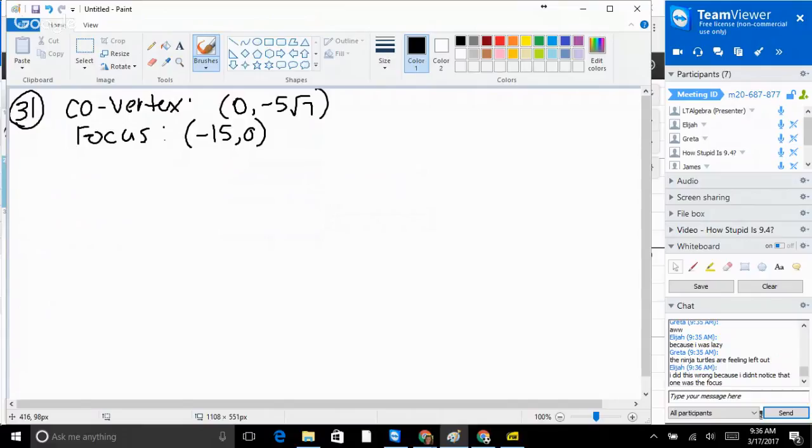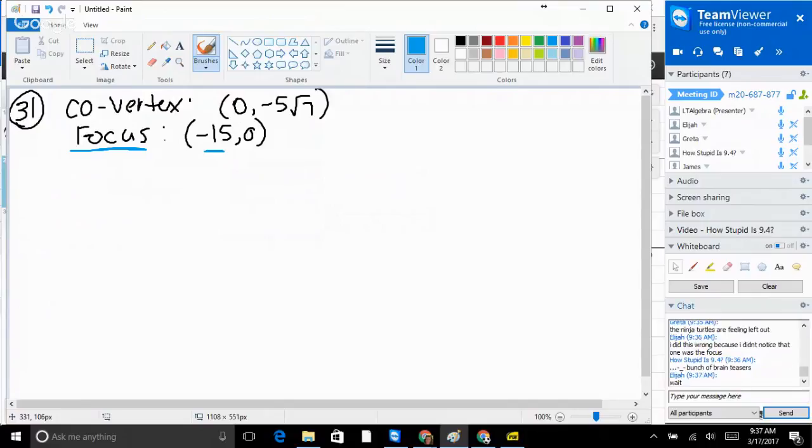Okay. So what I said is let's do number 31 because I want to do a horizontal ellipse. How did I know that 31 was a horizontal ellipse and not a vertical ellipse? Well, I know because of the focus point that they gave me. The focus point is always on the major axis, and this focus point is on the x-axis.